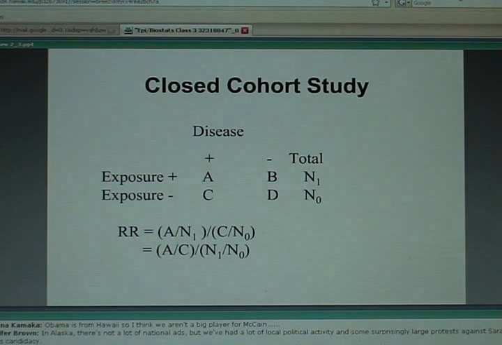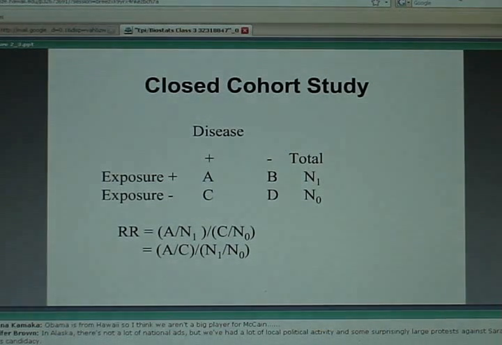Well, what is A divided by C? Well, the A plus C people are everyone who developed diabetes in your cohort study. When you divide A by C, what you're measuring is the odds of being a spam user among all the people who develop diabetes. When you divide N1 over N0, what you're doing is looking at everybody who was in your original cohort study, the N1 plus N0 people.